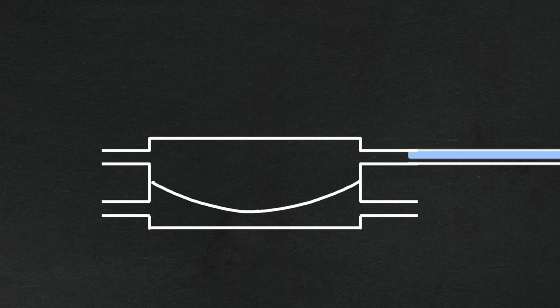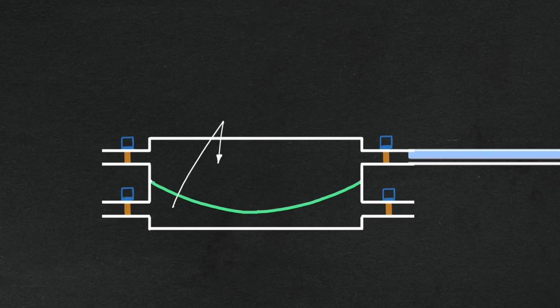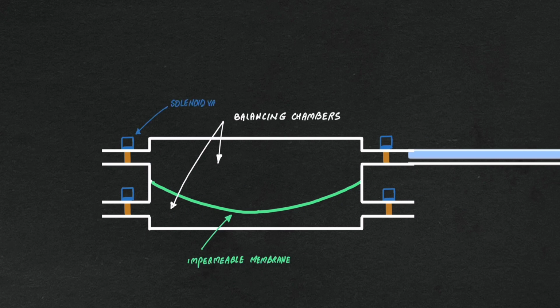Volumetric control is achieved using a balancing chamber system. The balancing chambers consist of two chambers, each with a volume of about 30 mL, with a flexible, non-permeable diaphragm dividing each chamber into fresh and spent dialysate compartments.